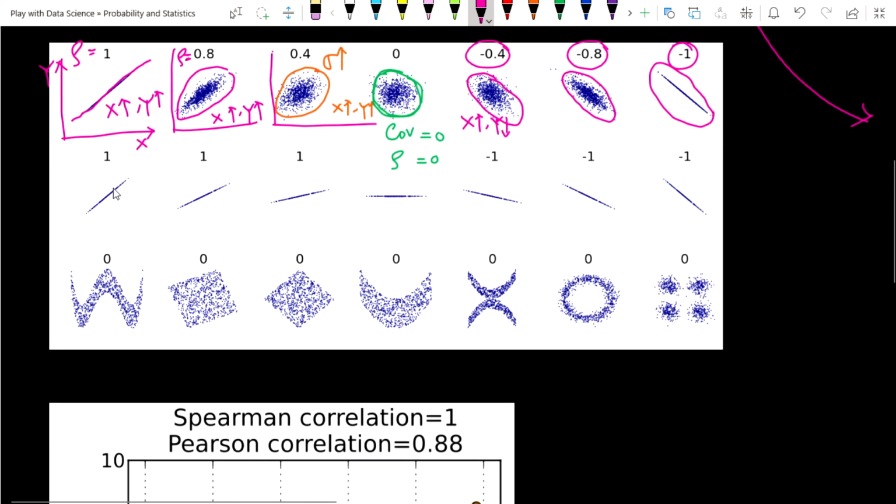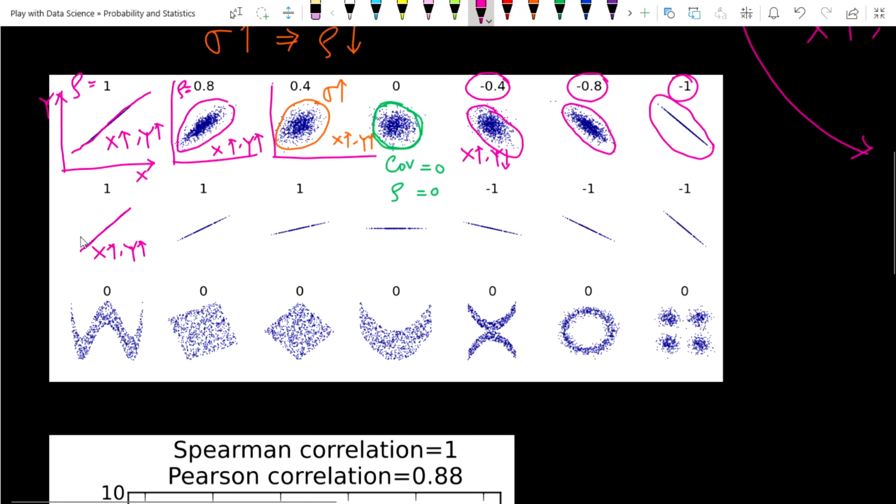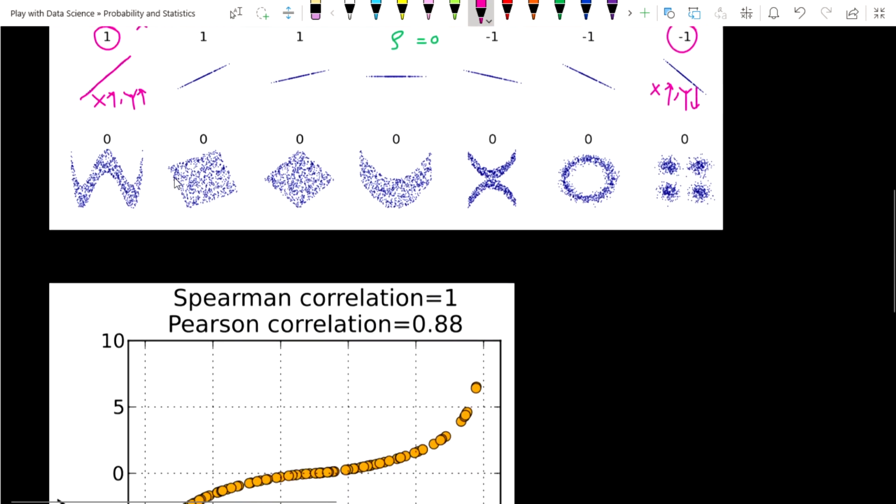But here, the simple thing is that x increases and y increases, and it's lying on a line. If the data points are lying on a line and this relationship holds, then we get 1. If x increases as y decreases, then we get this value. Let's conclude this.